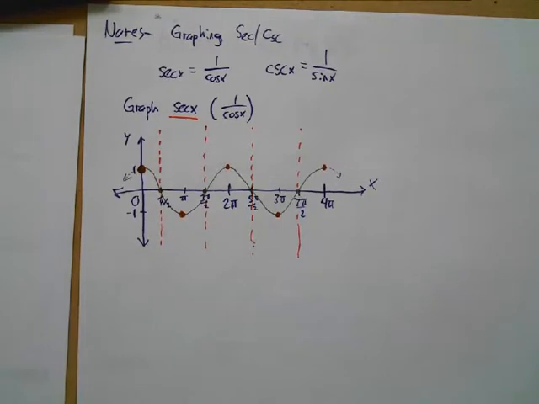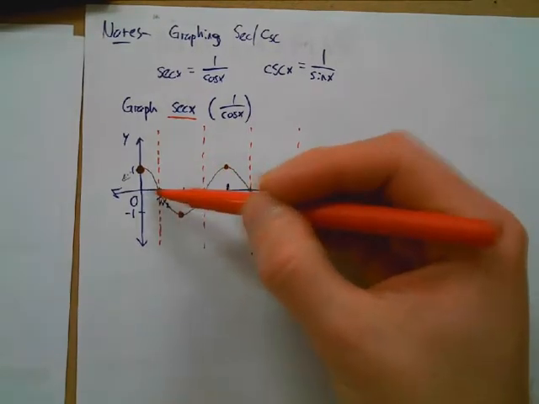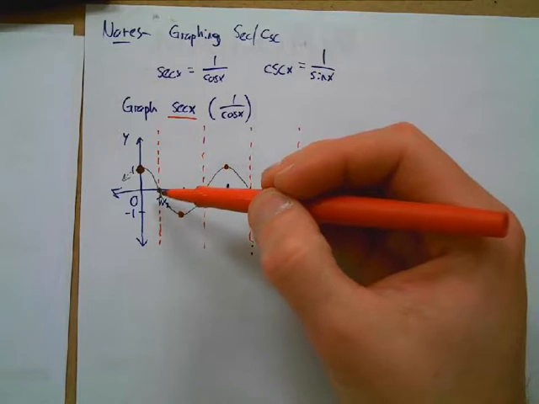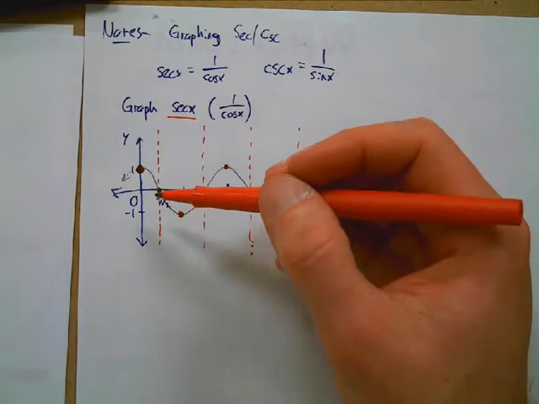So let me pick another value that's going to be helpful here, that we don't typically use, just to help us get the picture. Between 0 and pi over 2, a nice value for cosine would be, let's see, cosine of pi over 6, which is root 3 over 2. Root 3 over 2 is not very easy to graph, so we probably wouldn't want to pick pi over 6.